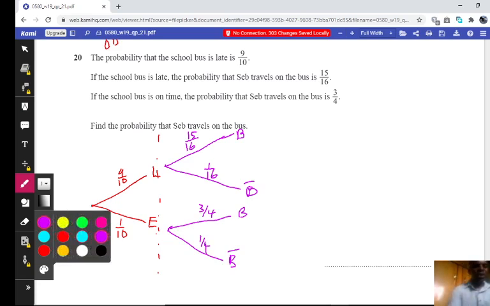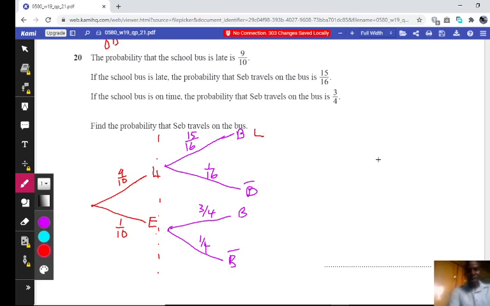Right, so on these outcomes, we have: late and travel by bus here, late and did not travel by bus, early and travel by bus, and early but did not travel by bus. But what you want is the probability that Seb travels on the bus.